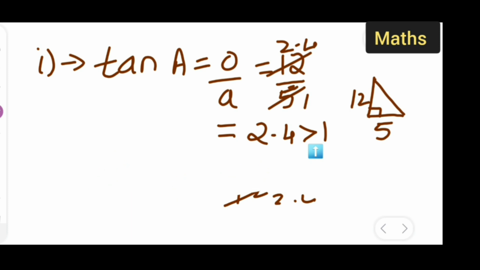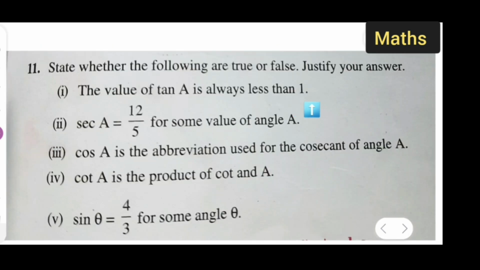But if I take such an example, we get a value greater than 1. So the value of tan A is not always less than 1; it can be greater than 1 also. So this statement is false, and I'll write false over here.